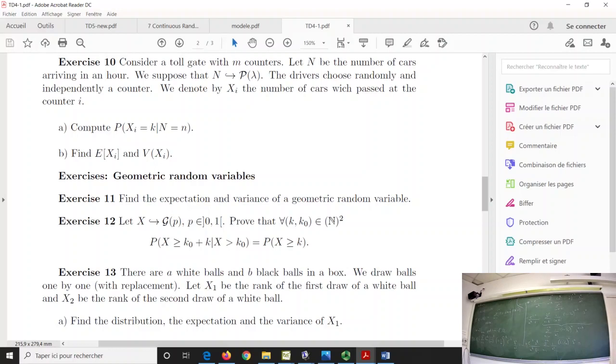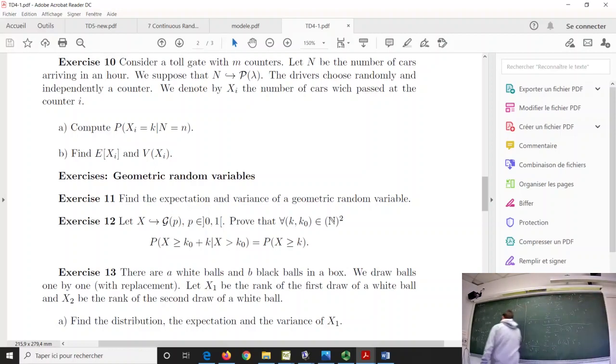And in fact, this is an exponential, because I have 1 over n factorial, and I have in fact 1 minus 1 over m times lambda to the power n. So this is just the exponential of 1 minus 1 over m times lambda.